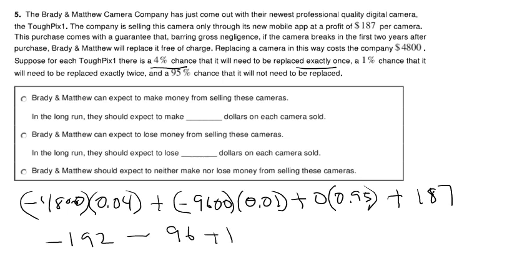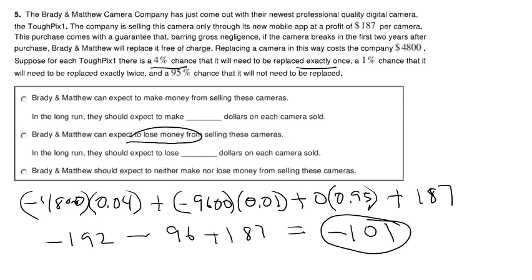Add to that 187. And when you add this up, they're expecting to lose $101 for each camera sold in the long run. Okay? So they are not expecting to make money. They're expecting to lose money. And they're expecting to lose $101.